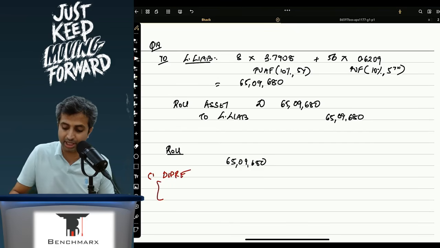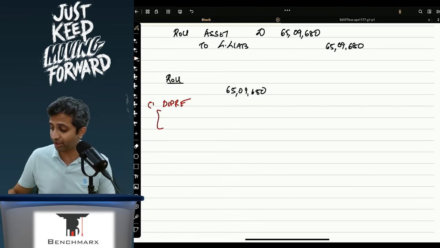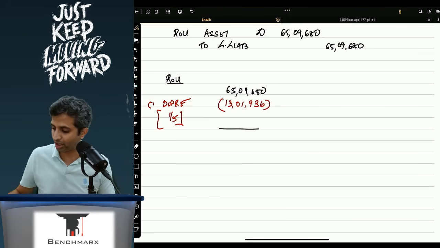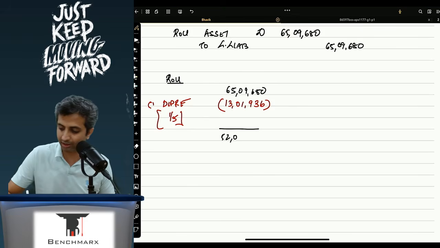In my limited understanding, over here it will be over the useful life, and if it is something like land, it has an indefinite useful life, but my opinion matters less. Institute's opinion matters more. So over here 1/5, and hence this is 13 lakh 1,936. This will be your depreciation, and thereby your asset will appear at around 52 lakh 7,774. This is your ROU asset.